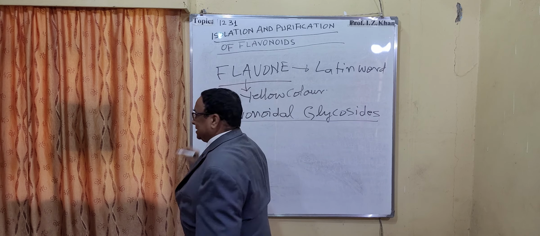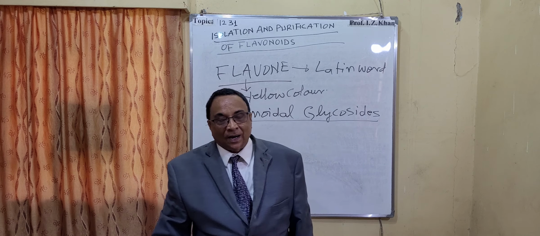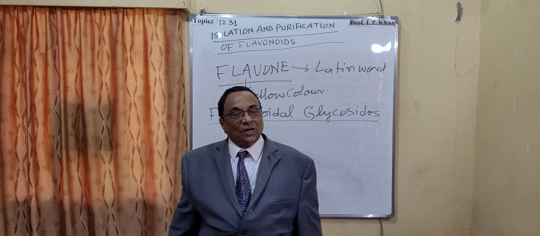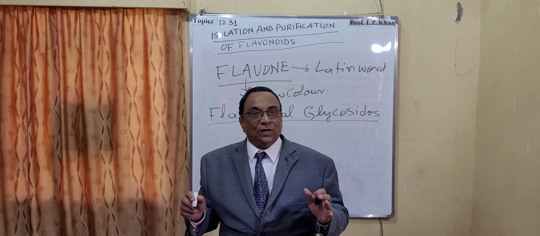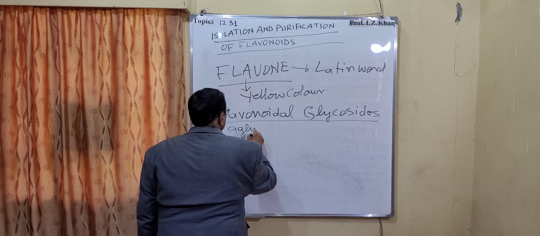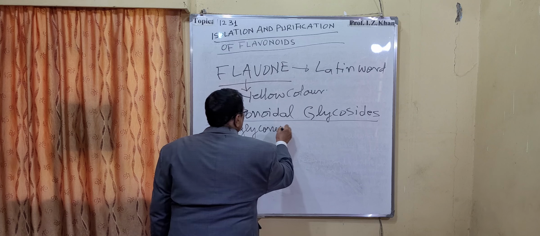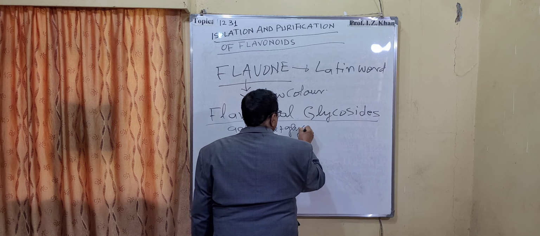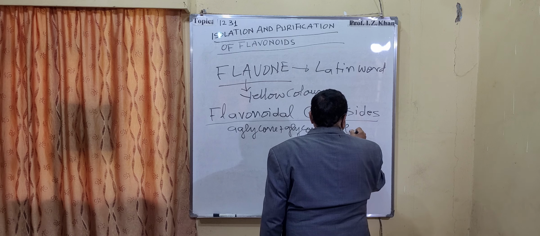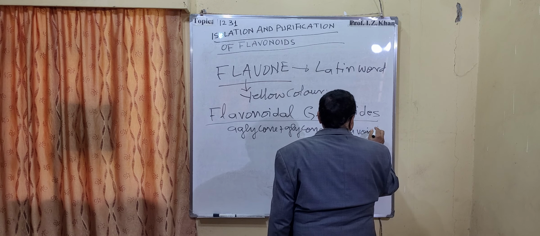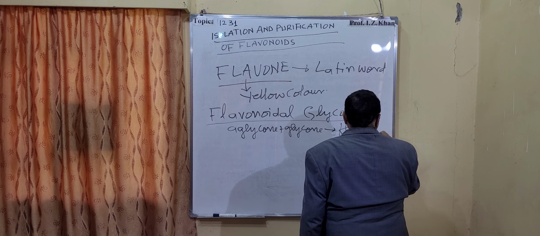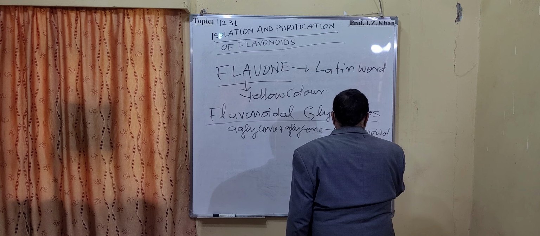Flavonoidal glycoside means the non-sugar part is called aglycone, and the sugar part is called glycone. So it is made up of aglycone plus glycone, and it is flavonoidal glycoside.